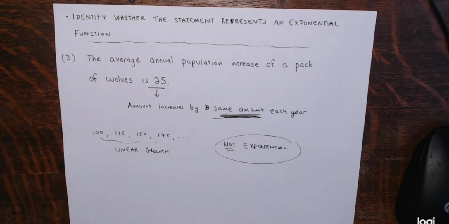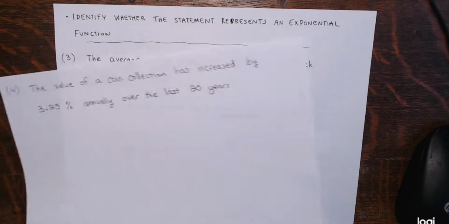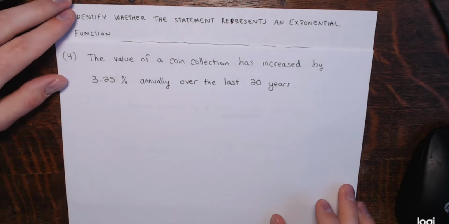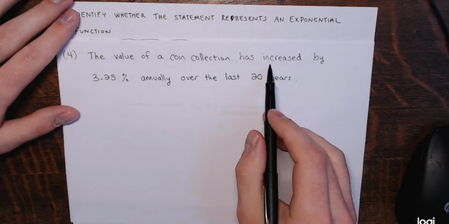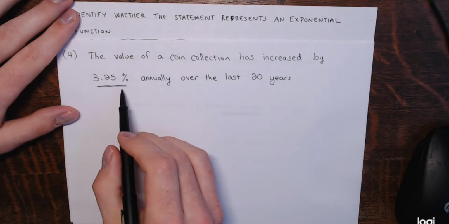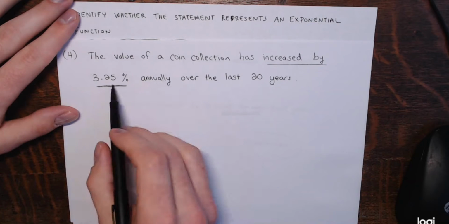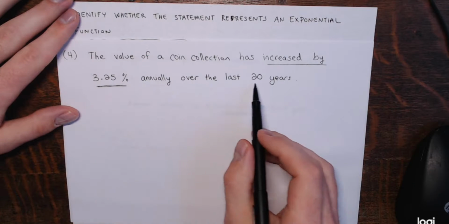So like in example 4, the value of a coin collection has increased by a percentage. See, it's increased by a percentage annually over the last 20 years.